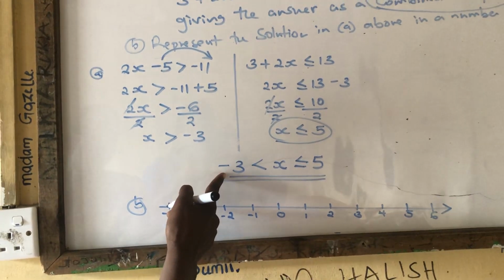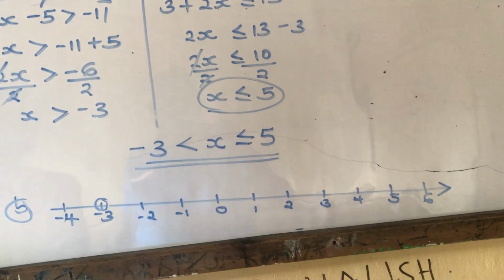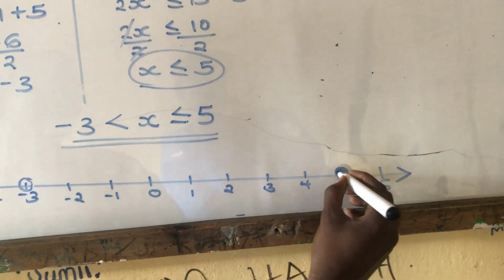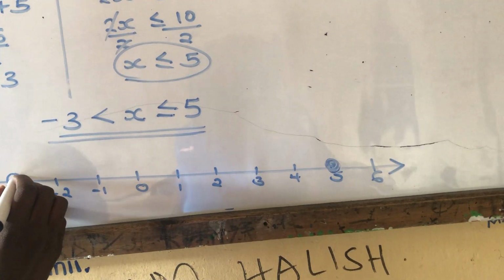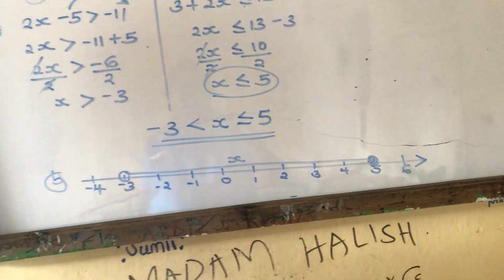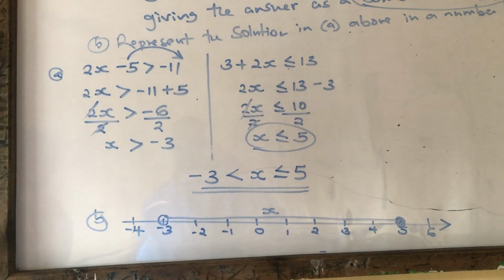Do take note, at -3, I will not shade my dot. Then at 5, we will shade our dot. I will have a line joining the two points. The x lies between those two points.